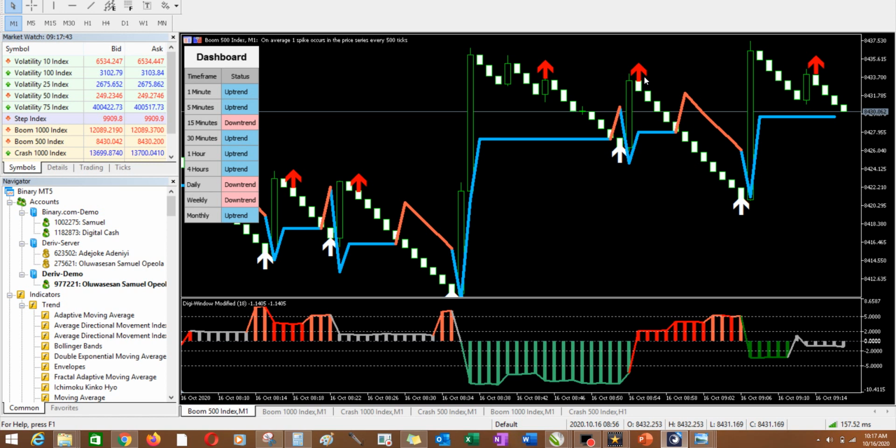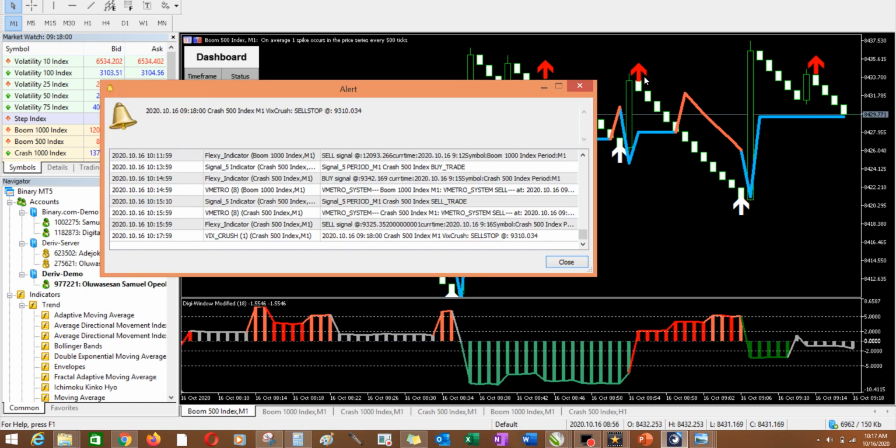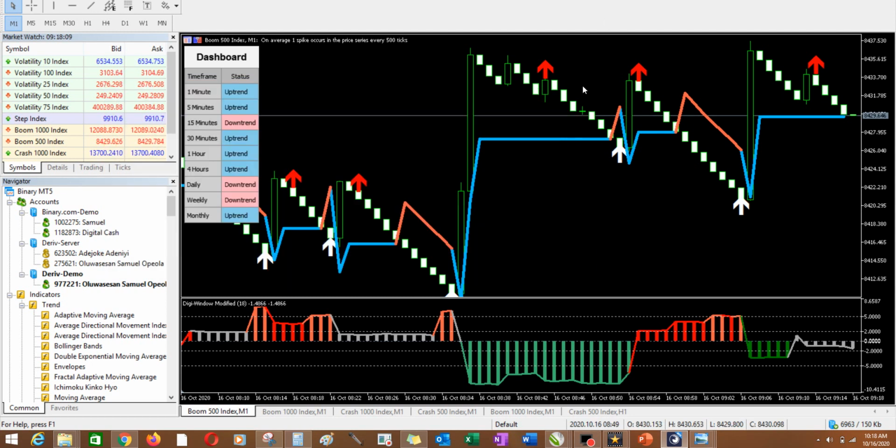The reason is, if all the information is not fulfilled, then you won't see it happening. If the price action didn't get to where the exit arrow will be triggered, then definitely you might have a spike before the exit arrow comes out. So this is very, very important for you to know.